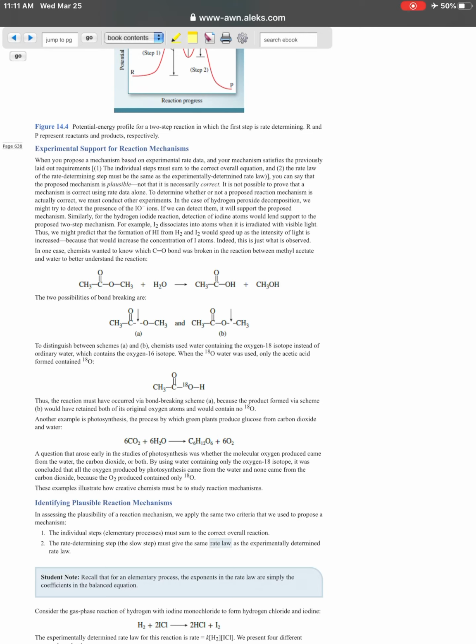By using water containing only the oxygen 18 isotope, it was concluded that all the oxygen produced by photosynthesis came from the water and none came from the carbon dioxide, because the oxygen O2 produced contained only oxygen 18. These examples illustrate how creative chemists must be to study reaction mechanisms.